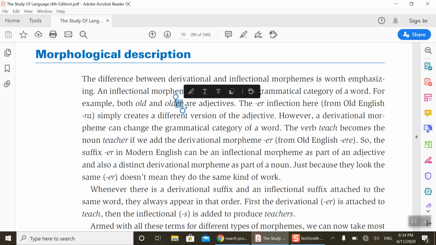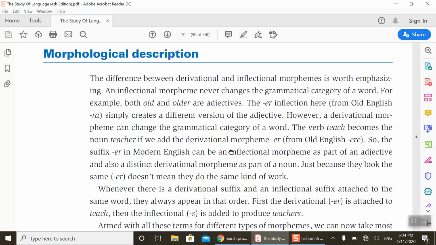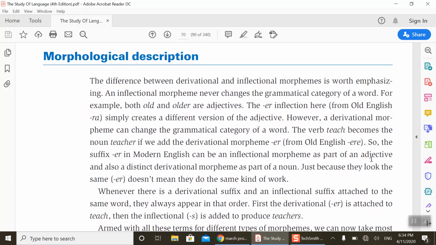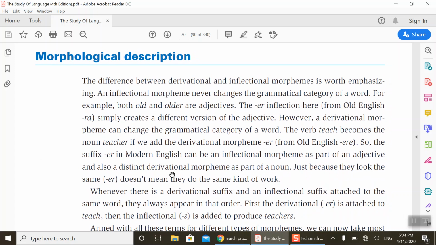The -er here is inflectional and does not change anything. But here it is derivational. It changes from verb to noun: teach, teacher, a person who teaches. So the suffix -er in modern English can be inflectional as part of an adjective, and also a derivational morpheme as part of a noun.